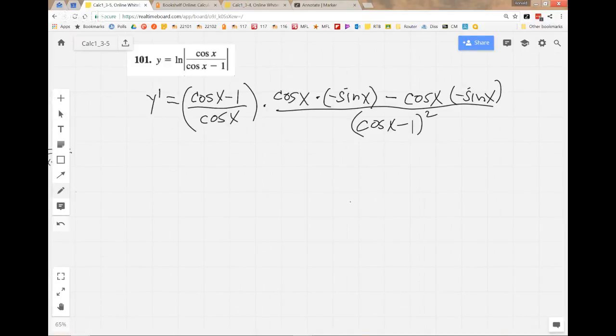Well, let's multiply out what we've got. So we've got cosine x minus 1 over cosine.